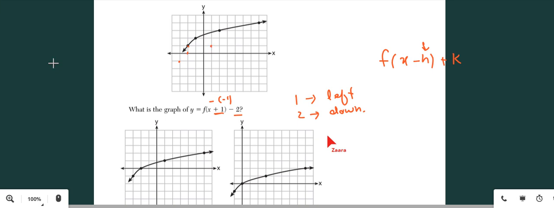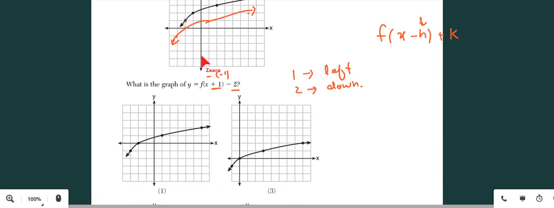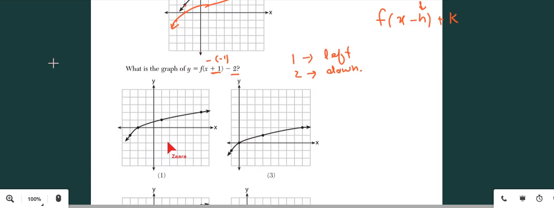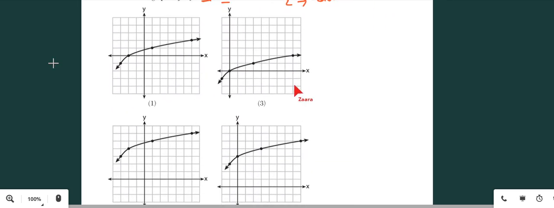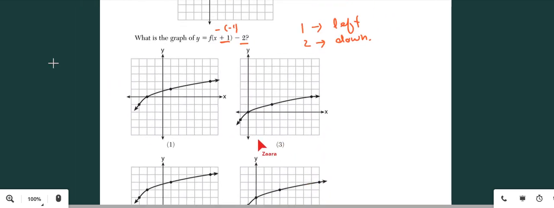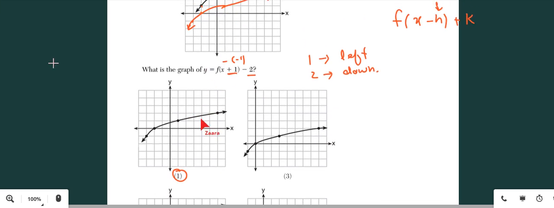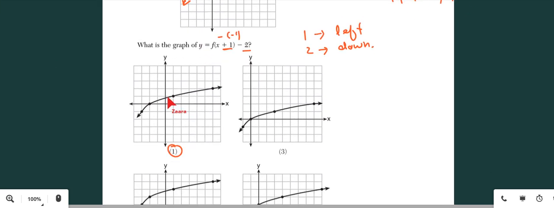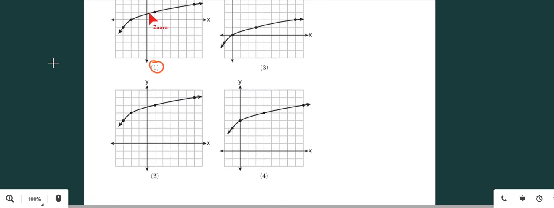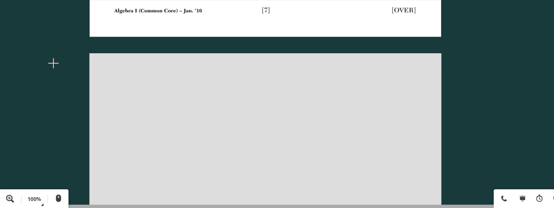One left, two down. So we are getting this type of curve. So which function has this type of curve? I think option 1 has the same curve. The others are not passing through 0, they are moving upward. So they are wrong.